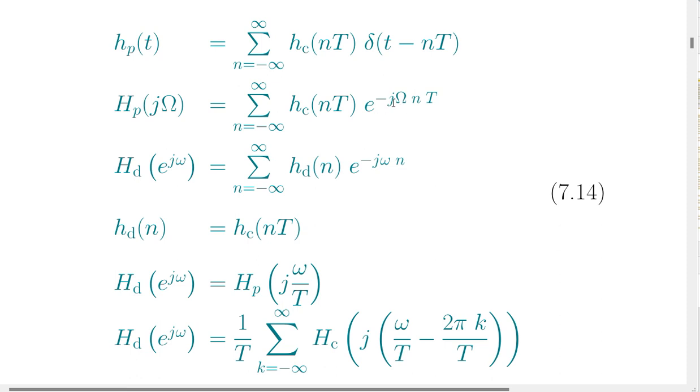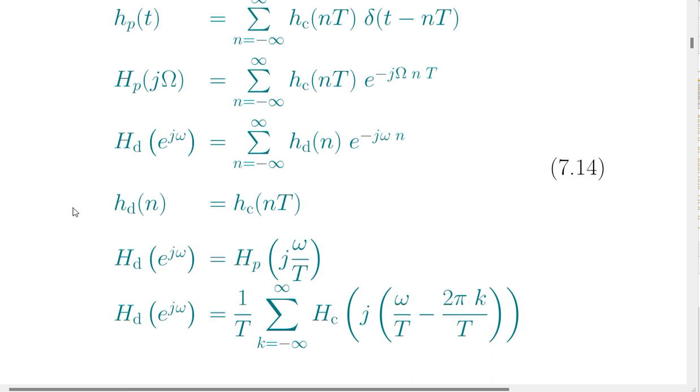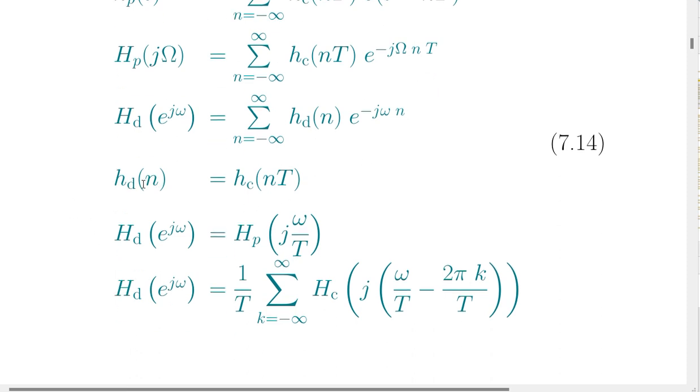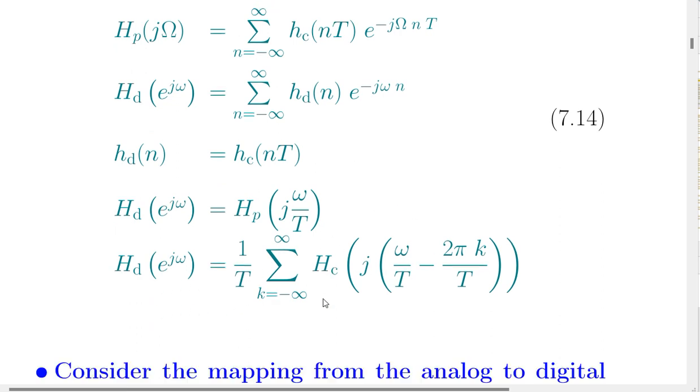Here just notice that omega is equal to omega times T_s. Now, h_d[n] is equal to h_c(nT_s). H_d(omega) is equal to H_p(j omega) over T_s, a similar idea to the last line in the equation.